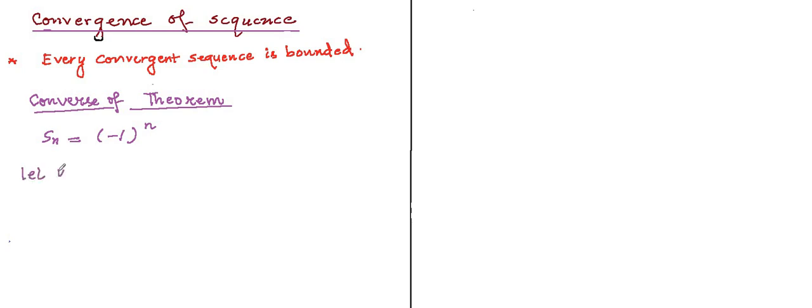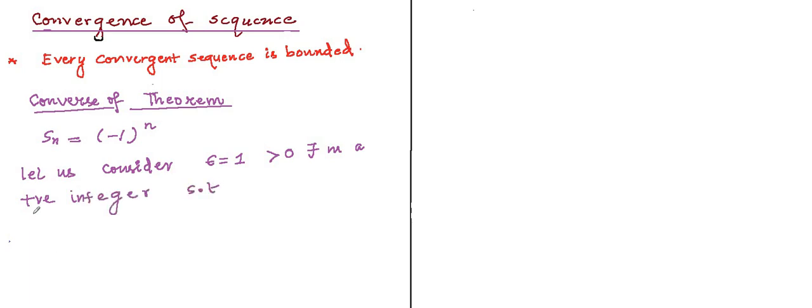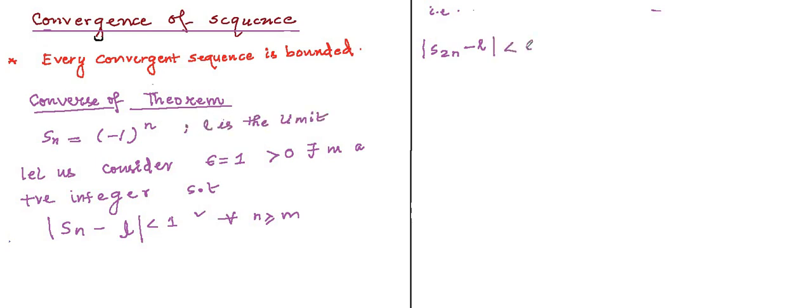So let us consider epsilon equal to 1, which is obviously greater than 0, and there exists N, a positive integer, such that mod of Sn minus L is less than 1 for all n greater than N. So we can write down mod of S2n minus L, where we have considered that L is the limit, is less than epsilon, and mod of S2n plus 1 minus L is less than epsilon.